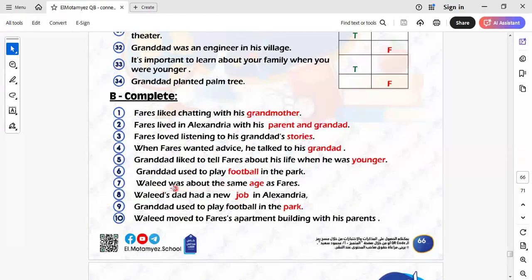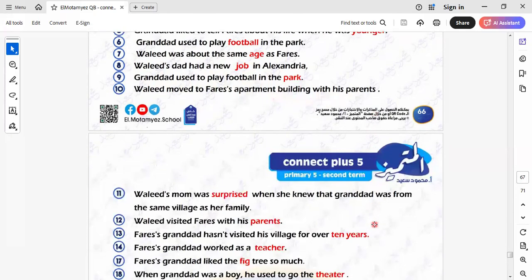Walid was about the same age as Faris. Walid's dad had a new job in Alexandria. Granddad used to play football in the park. Walid moved to Faris' apartment building with his parents.